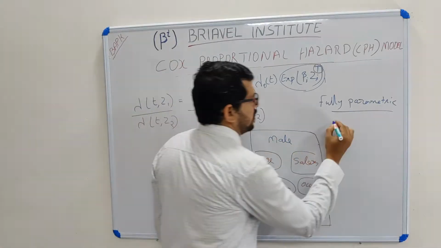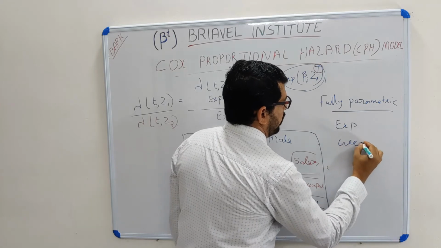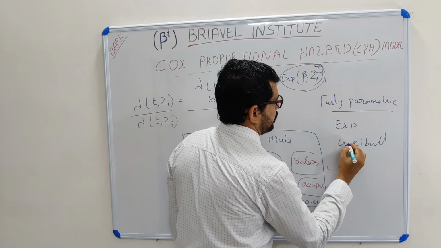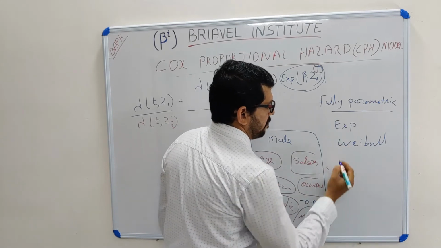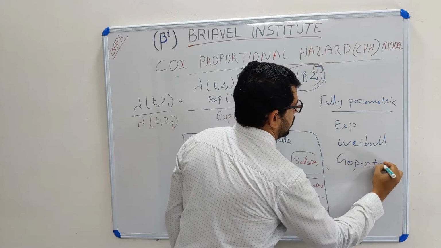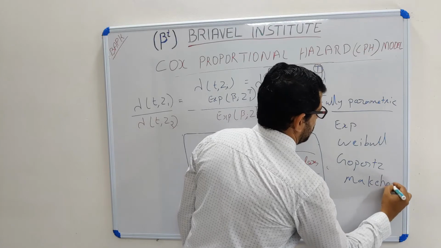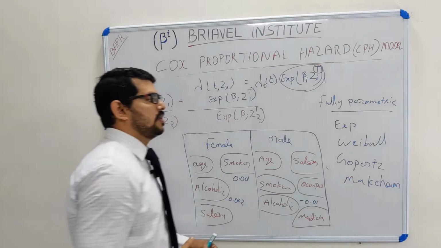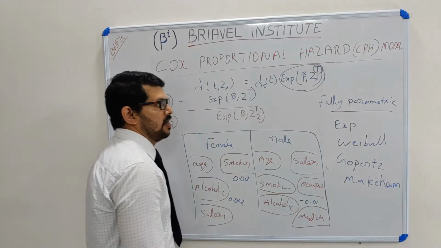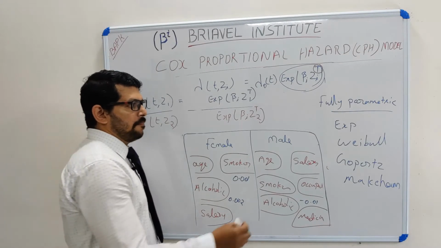What parametric distributions are there? Exponential, Weibull, Gompertz and Makeham. Log logistic is one more distribution. These four or five distributions are available in our books to study.